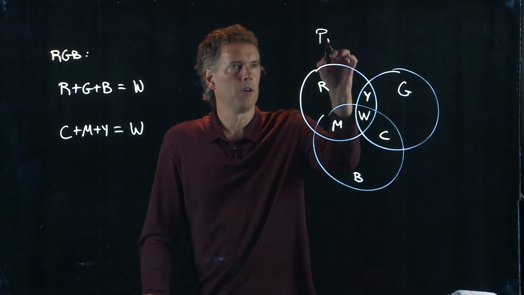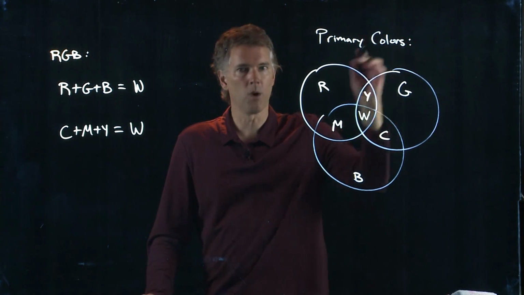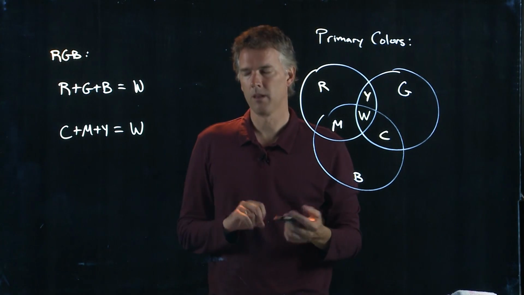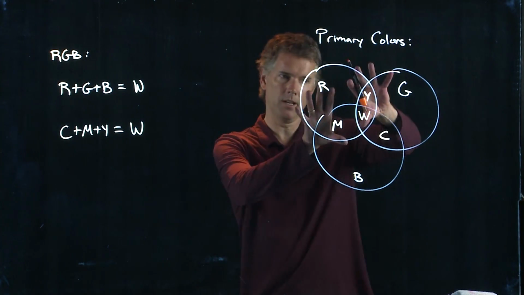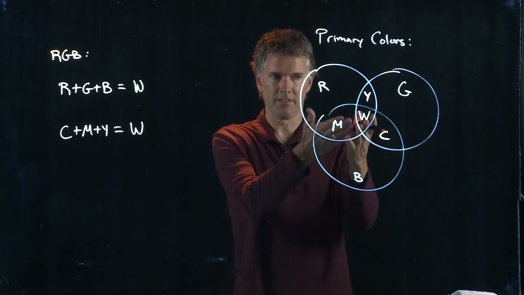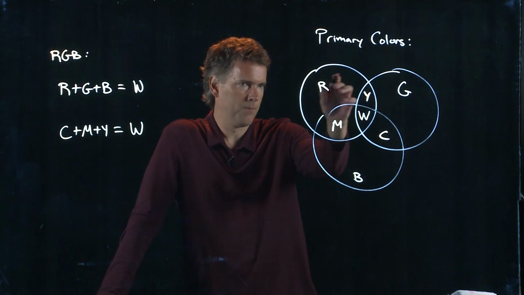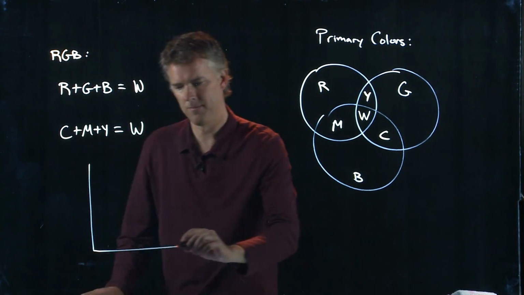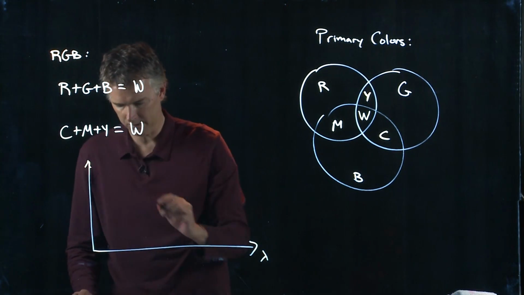And so these are primary colors. If somebody says, what are the primary colors? A valid answer is red, green, and blue. But another answer is cyan, magenta, and yellow. And in fact, if you rotate around here, you can pick all sorts of different primary colors and still get them to add up to white. Now, if we think about red, green, and blue in terms of that spectrum, they don't really look like we just drew it. They're not blocks.